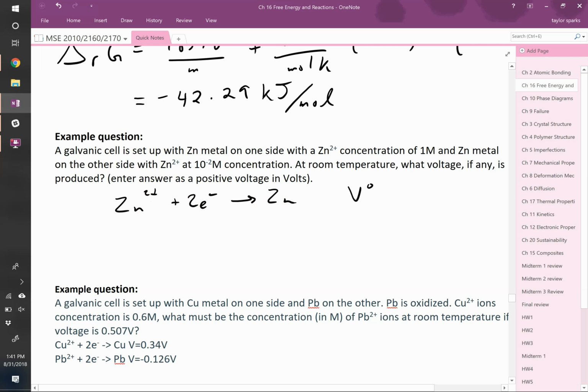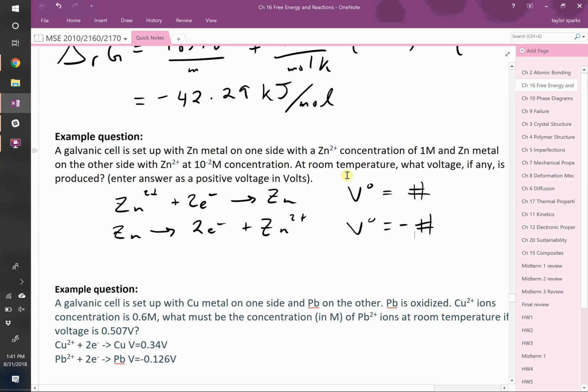We set that up on both sides, so whatever that voltage is, when we write the opposite, the oxidation reaction, it's going to be the exact same, just negative, such that when we add these two things together, they just cancel out. So then it says, at room temperature, what voltage, if any, is produced?